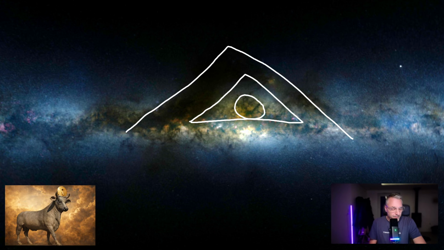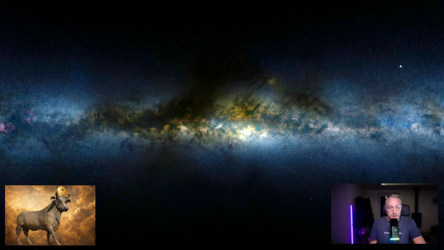So here you got the white triangular shape on the forehead of the Apis bull. And not to forget the golden disc between the horns. And the golden disc is, of course, the golden disc of the Milky Way Center, where all the spirit light emerges, often into the striped shadow or into the mortal world.